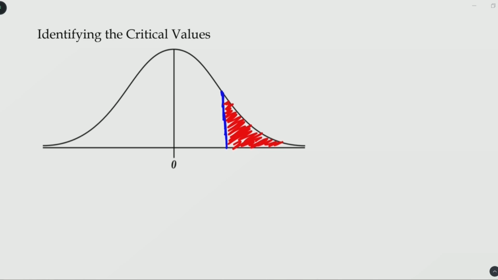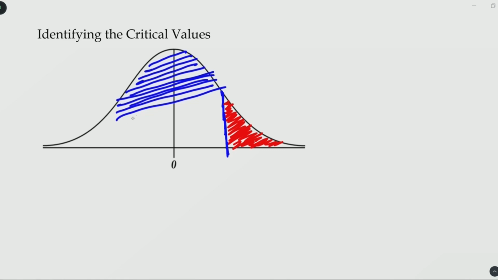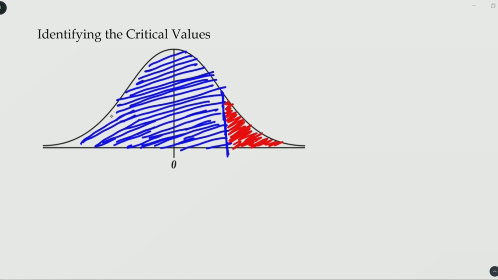This is the critical region, and the blue region is the region where we will fail to reject the null hypothesis. So red region is the region where we will reject the null hypothesis, and blue region is the region where we fail to reject the null hypothesis.